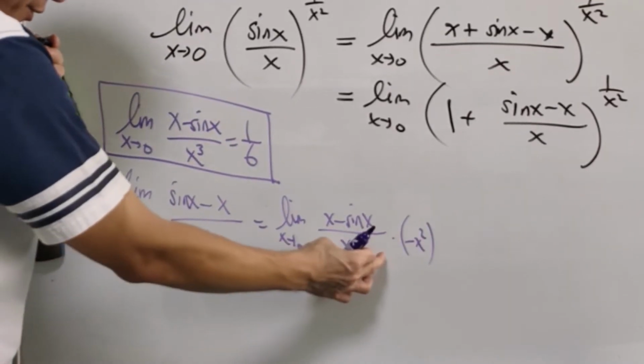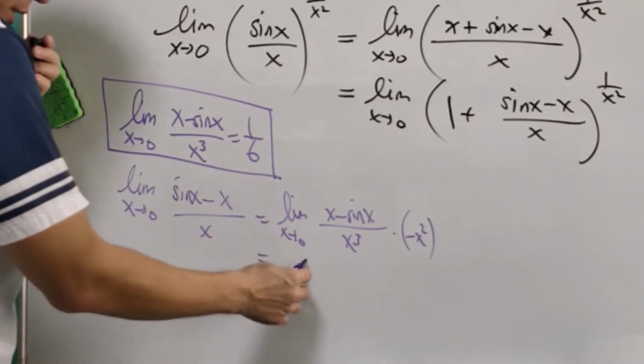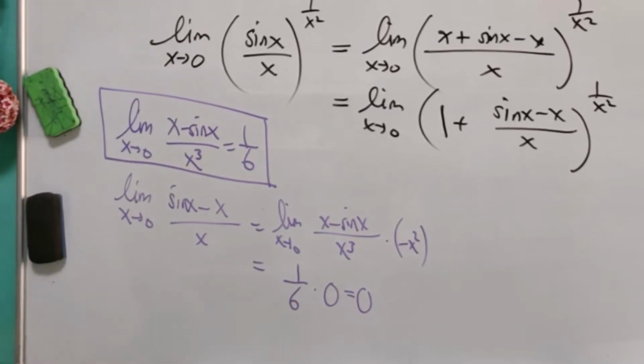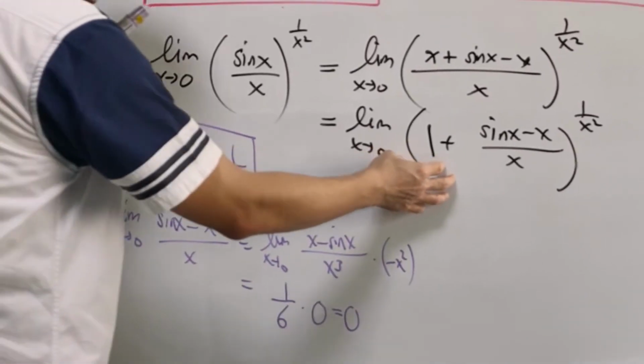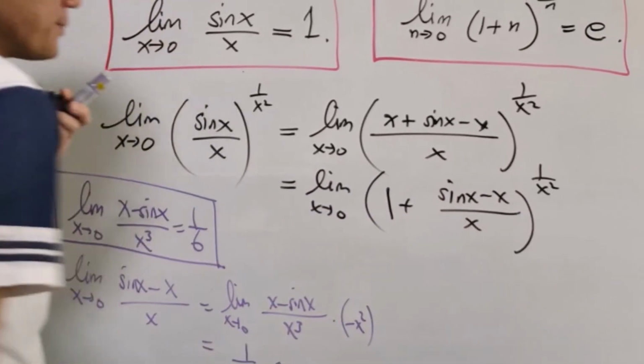The limit of the first term and the limit of the second term both exist. So it will be equal to 1 over 6 times 0, and therefore this equals 0. So we confirm that when x tends to 0, this whole thing will go to 0.